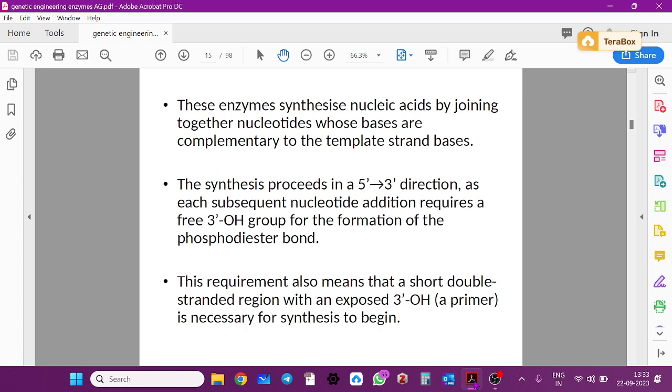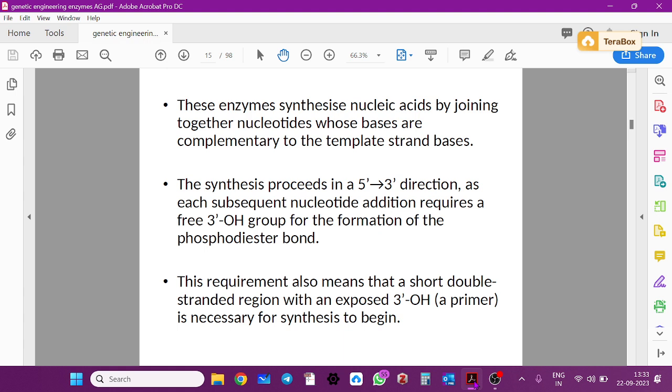So they synthesize nucleic acids. They join. They do a polymerase. The synthesis always occurs in the 5' to 3' direction.